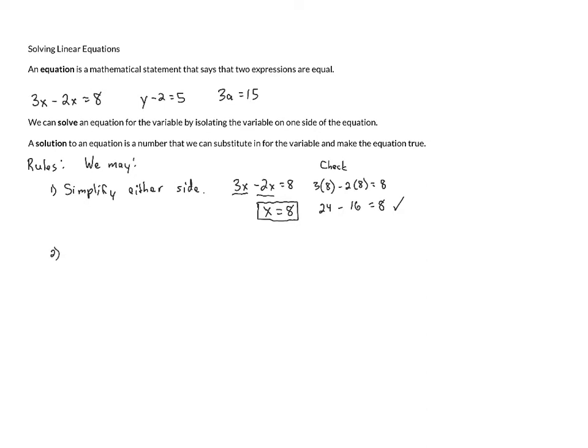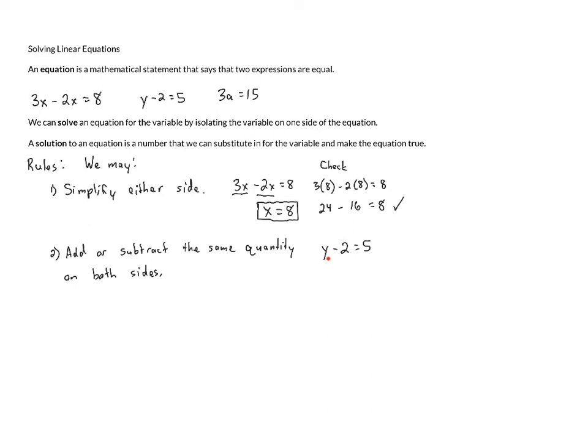The next thing we may do is add or subtract the same quantity on both sides. This is another property that we're allowed to do. If we look at the other example that we had, y minus 2 equals 5, remember our goal when we're solving an equation is to isolate the variable on one side.